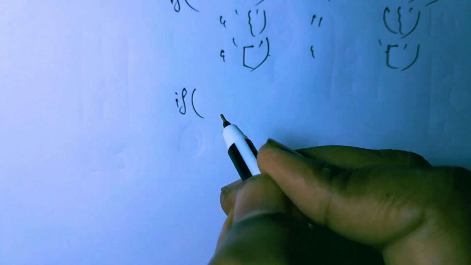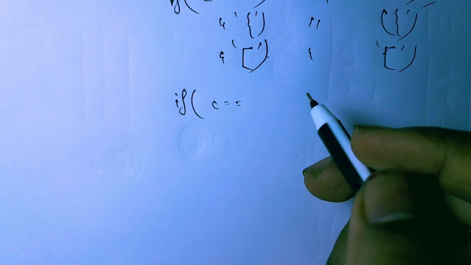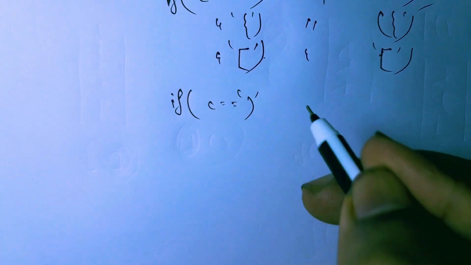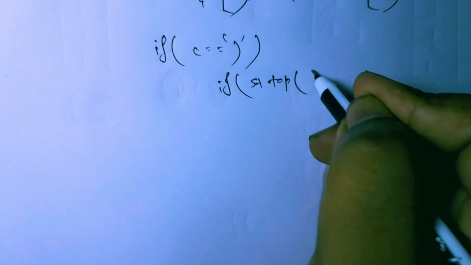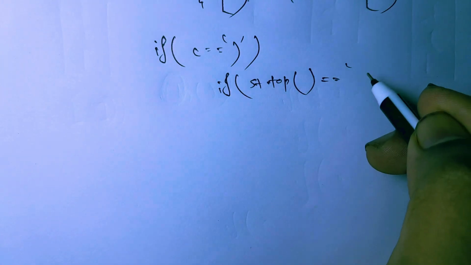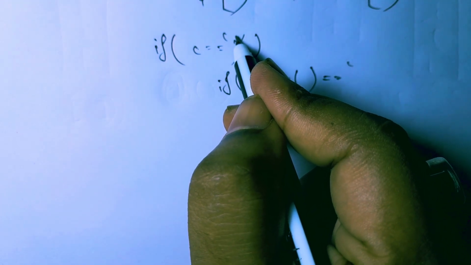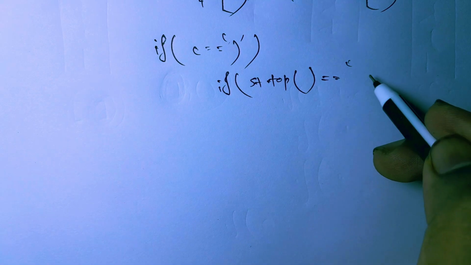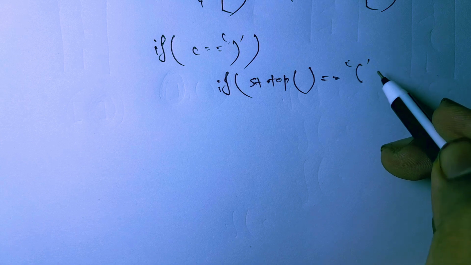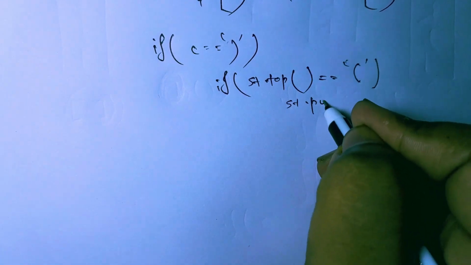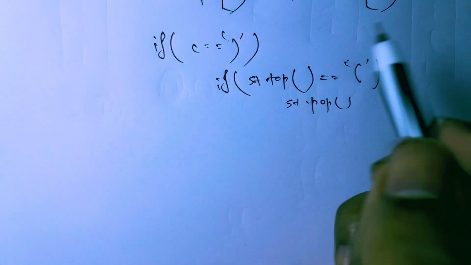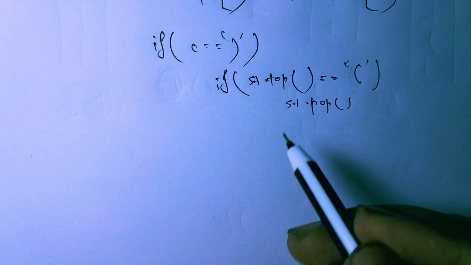So what if I get a closing first bracket? Then what will I check? I will check whether the top is the matching opening first bracket. If I got an opening first bracket, I can simply do st dot pop, by which it will be popped out.